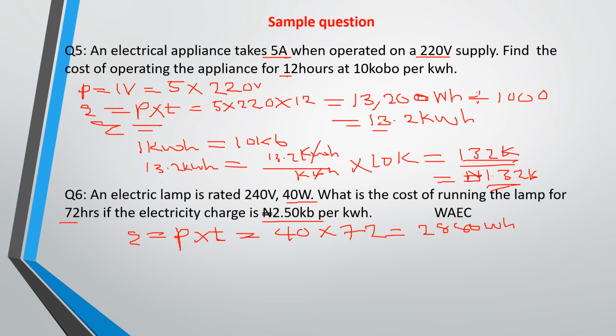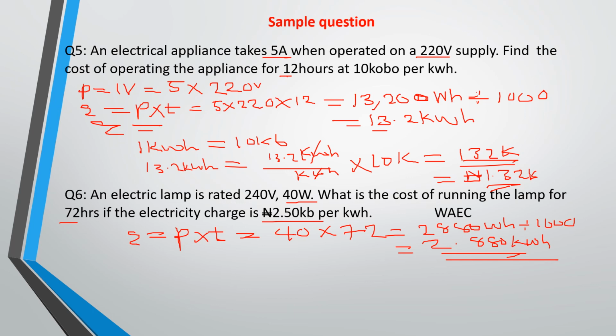Okay, so if you convert it to kilowatt hours, you divide it by 1000, you have 2.880 kilowatt hours.